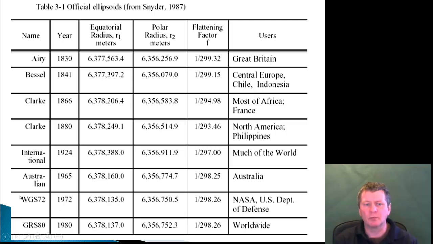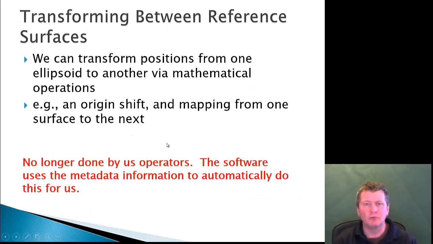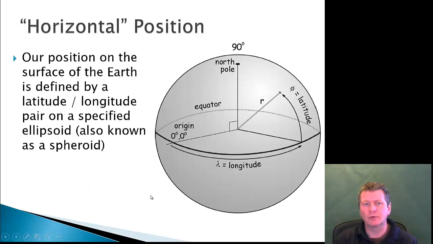For example, we are probably not going to find anything in the United States that used this particular Australian ellipsoid. That makes no sense, right? So the ellipsoids and where your data comes from are important as we move around, because we may want to use some really old data, and we may have to shift things and map from one surface to another. Fortunately, we don't have to do this as an operator anymore. It is all done by the software, which grabs the metadata and does this for us automatically.